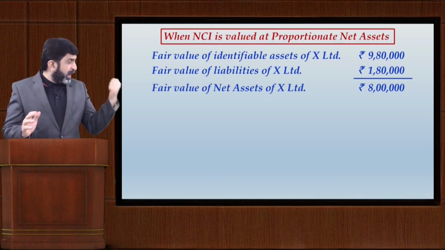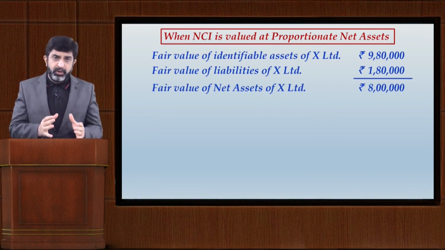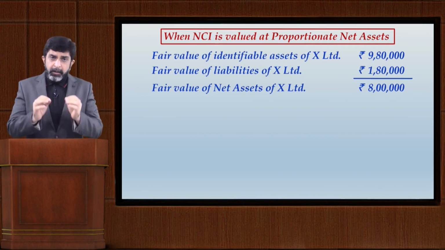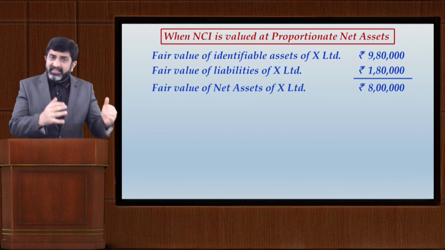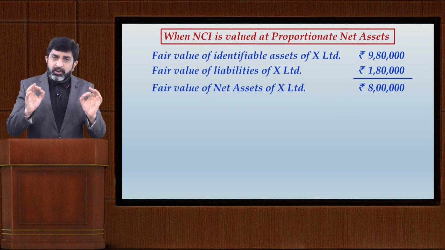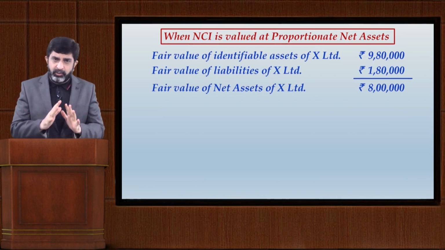Now friends, before you write up this, please let me explain something very important. What you can clearly observe from what is given over here, net assets of X Limited that we have acquired, the overall net assets value is 8 lakhs, that is 9,80,000 minus 1,80,000.